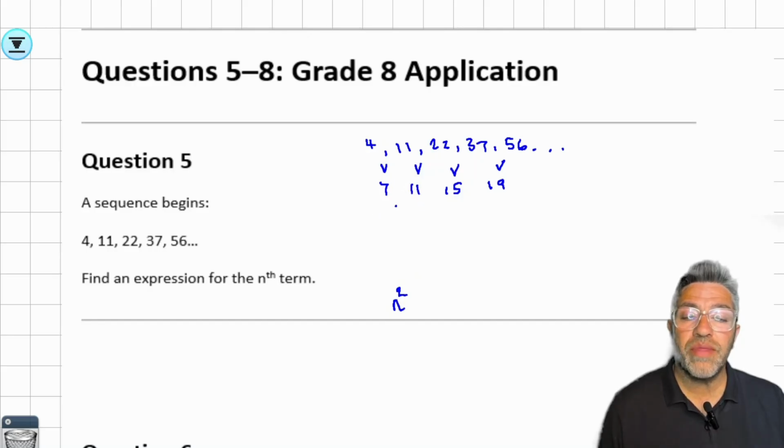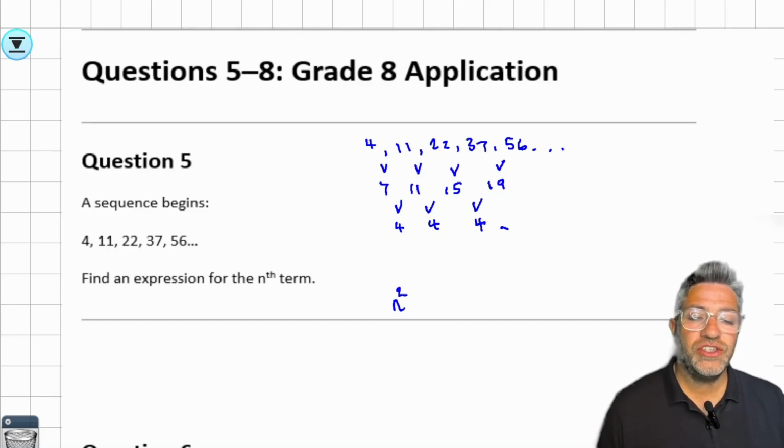We can confirm that, though, by doing the difference again. You may have heard of this referred to as delta 2, difference 2. And yes, on this occasion, we do have a constant second difference. So we were right, our nth term is going to be a quadratic.